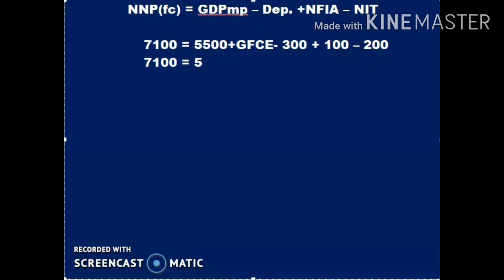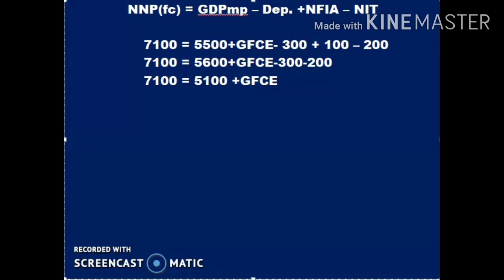So you will be getting 5600 plus GFCE. Then you subtract the values, minus 300, then minus 200. At last you will get 7100 equal to 5100 plus GFCE.